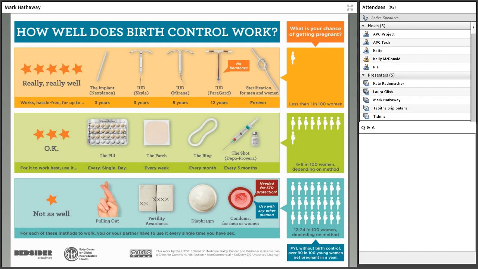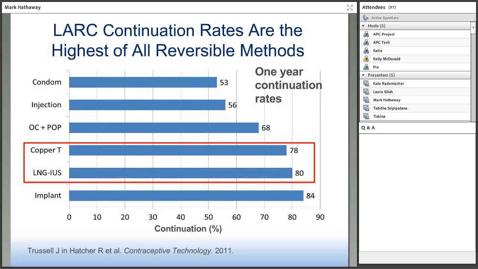On the far right, you'll see what is your chance of getting pregnant, less than 1 in 100, and then it goes down to different groups and categories. Sometimes the words more effective or most effective work, but you can also use the term that the far left functions really well, or okay, or not as well. It's just another tool. I've seen many ways that IUDs are shown and depicted for clients.